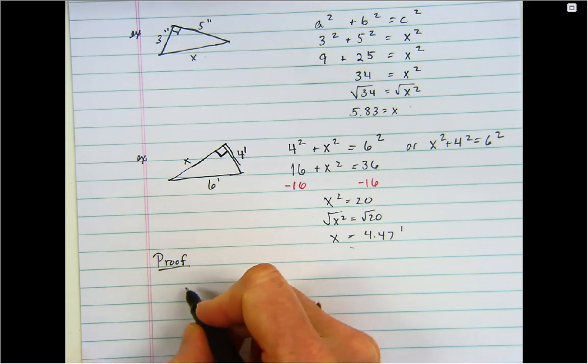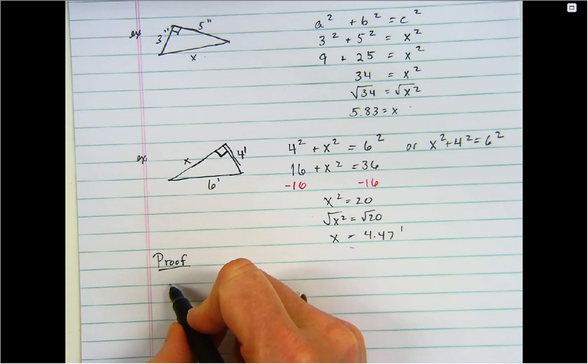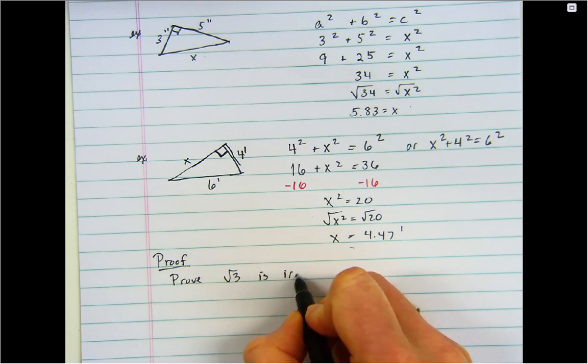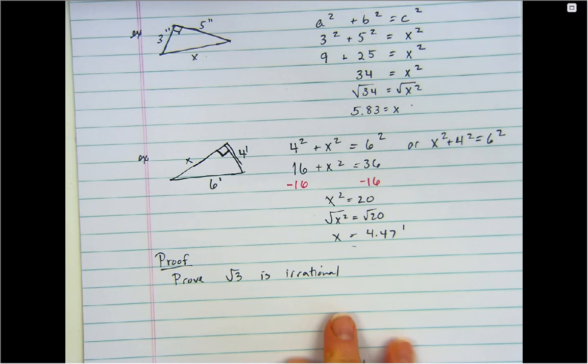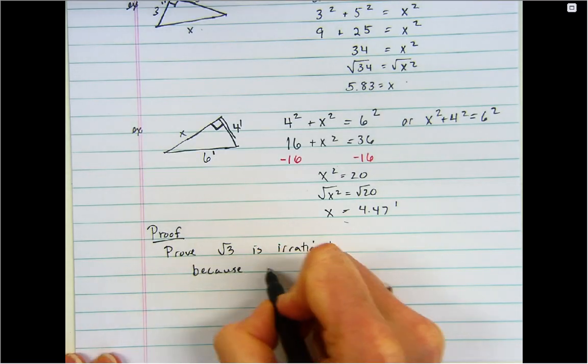Now, sometimes people get confused what a proof is. So on the quiz, I asked you to prove the square root of 3 is irrational, or some of you had a different root. And some of you said the square root of 3 is irrational because, and then they'd write this out.